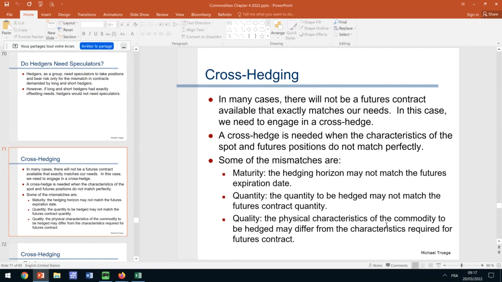So it's cattle of a certain size in a certain location, or it's a certain type of oil, and in reality, producers may not produce exactly the same quality. Maybe as an oil producer, you're producing a sort of oil which is not exactly the one, Brent, that is being traded on these futures markets. That means, of course, that your hedge is not perfect.